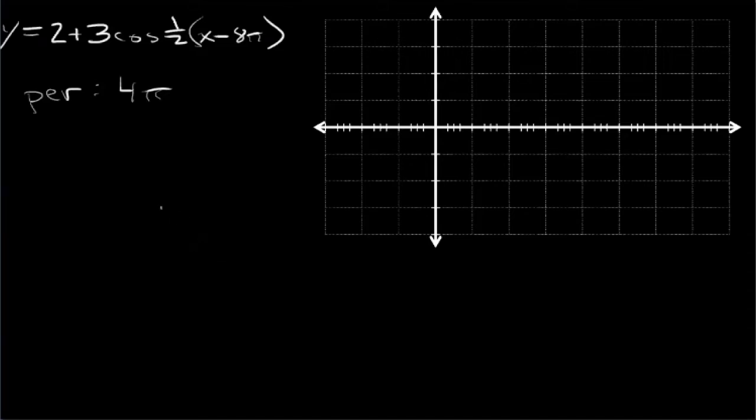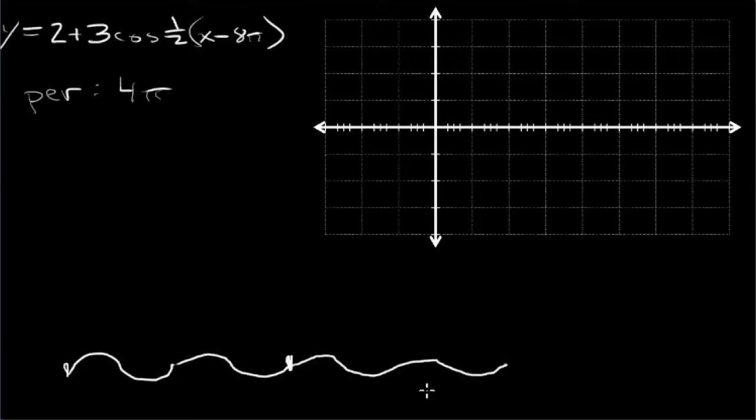Now, if the graph repeats itself every 4 pi, does it even matter that I've shifted it 8 pi? If I go 4 pi, and then another 4 pi, well, there's my 8 pi. If I shift that whole graph over 8 pi, it's just going to line right up where it was.